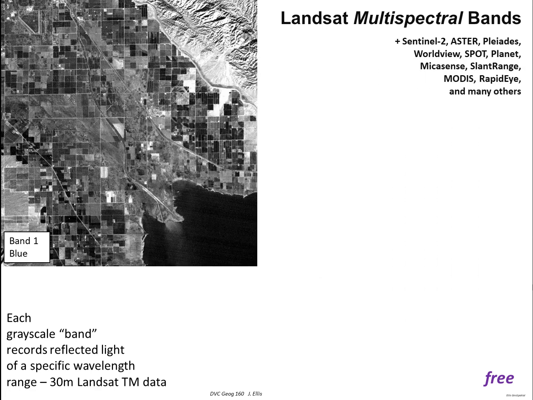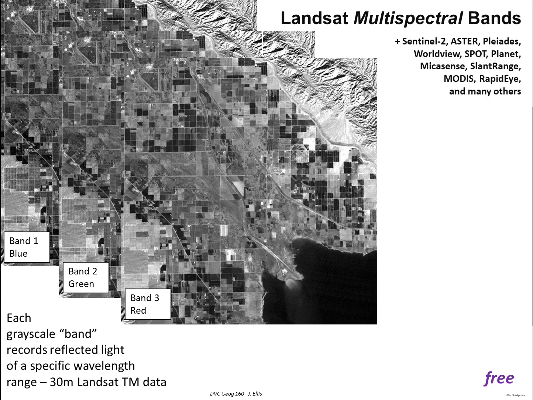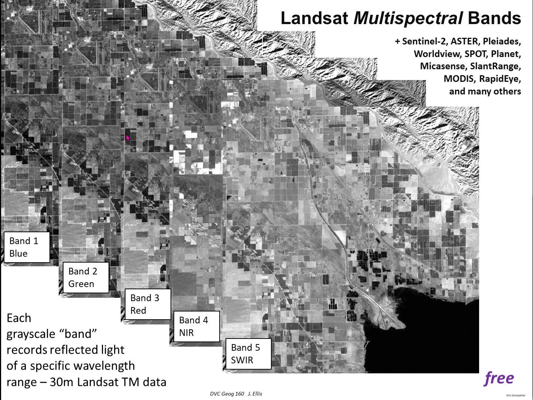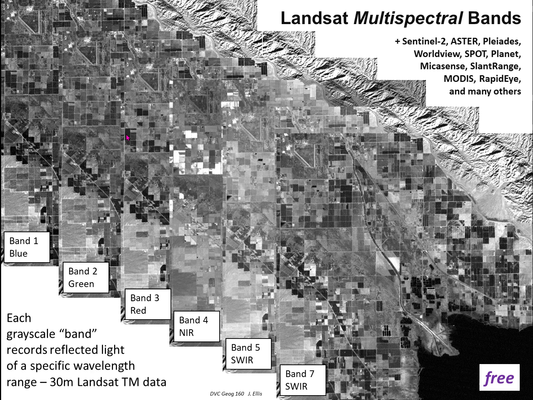They're all very similar, and yet we can see color when these three are combined with blue, green, red illumination, or in our eyes. Then the near infrared is totally different. You can see this is very healthy vegetation in this field. It's bright in near IR, very dark in red, because that's absorbed by the chlorophyll. Then we have shortwave 1 and shortwave 2, this band 7, which is really good for clay and carbonates.